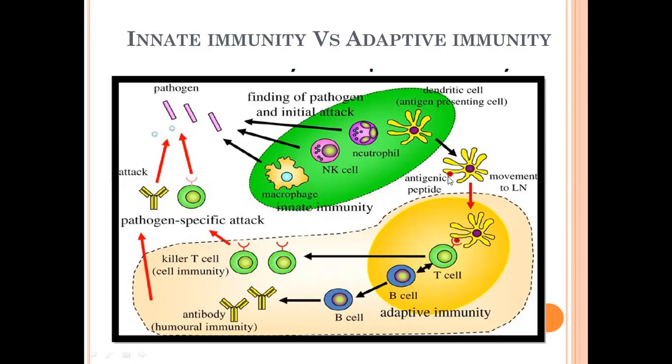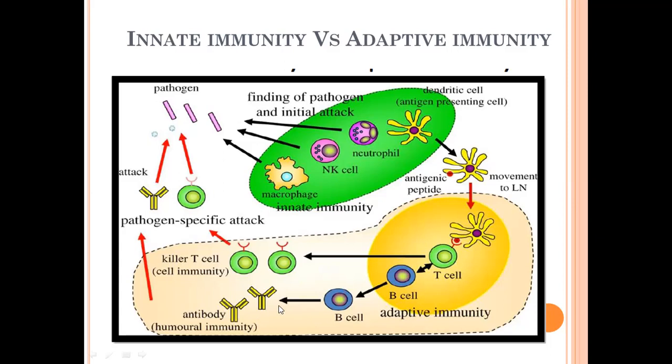This dendritic cell carries the antigenic peptide and enters the lymph node, where it activates a T cell carrying the peptide. This T cell can either give cell immunity, so killer cells are formed, or there may be B cell activation, which is antibody formation causing humoral immunity.